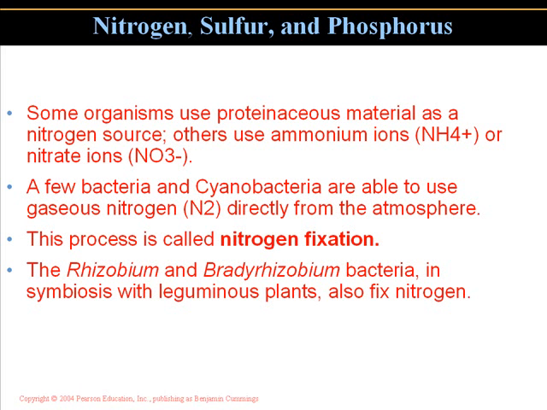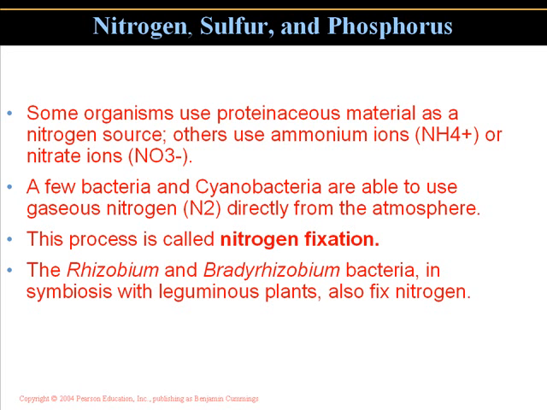A few bacteria and cyanobacteria, which we'll study in more detail in later chapters, are able to use gaseous nitrogen directly from the atmosphere. This process is referred to as nitrogen fixation. Some microorganisms you'll be studying later, Rhizobium being one of these organisms, and Bradyrhizobium, are bacteria that live in symbiosis with leguminous plants.